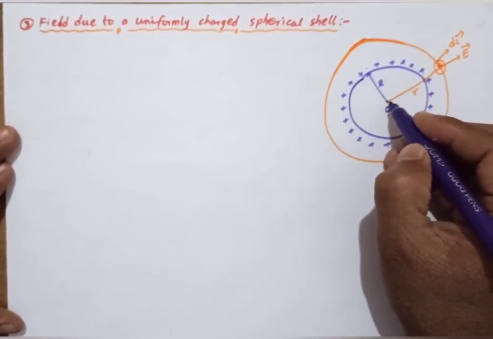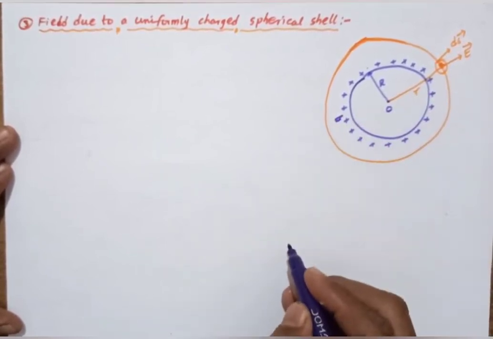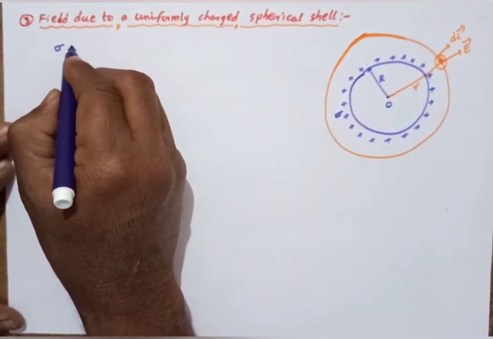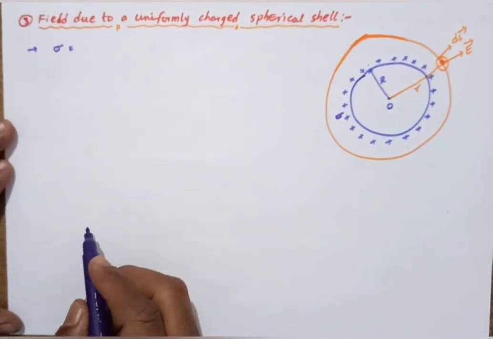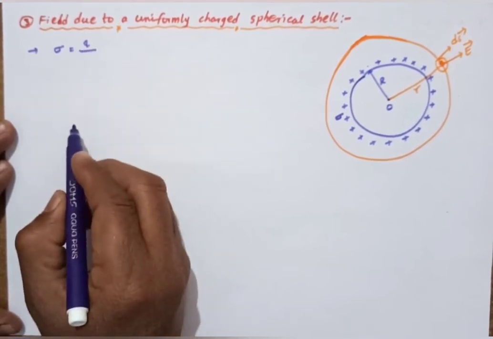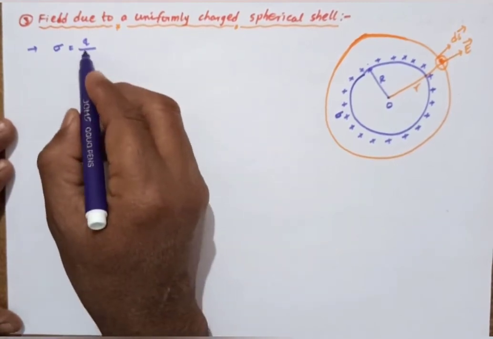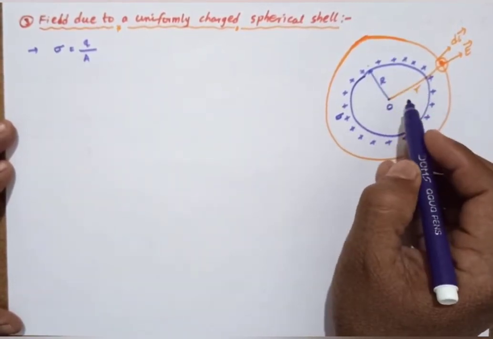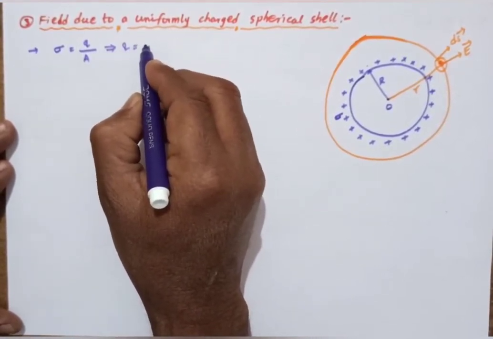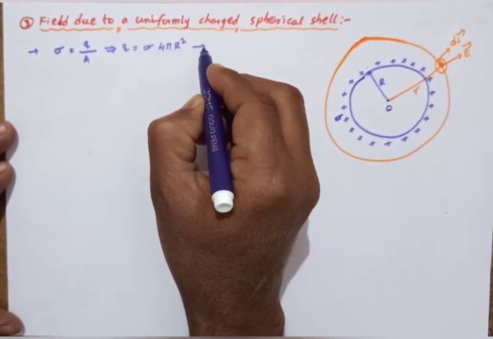The radius of the spherical shell is capital R. Here sigma is the surface charge density, so sigma equals charge q by surface area. The surface area is 4 pi r square. So q equals sigma into 4 pi capital R square. This is equation number 1.